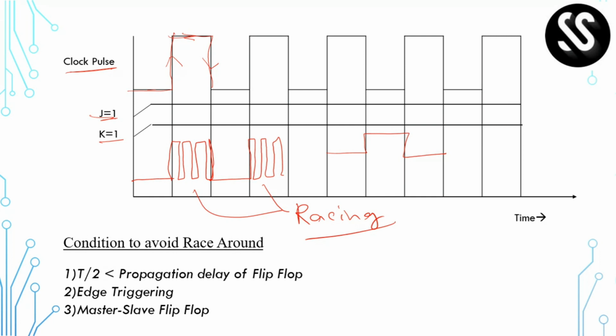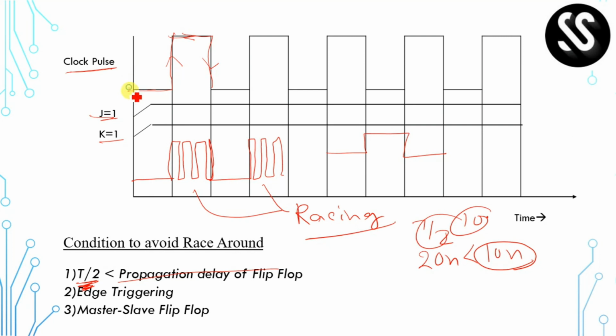So this racing condition can be overcome using three methods. The first is that T by 2, half of the time period of the clock pulse, should be less than the propagation delay of the flip-flop. Let's say my propagation delay of the flip-flop is 10 nanoseconds. Then the time period must be less than 20 nanoseconds, so T by 2 is equal to 10 nanoseconds and it should be less than that.